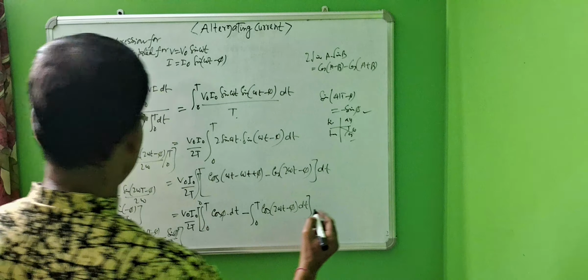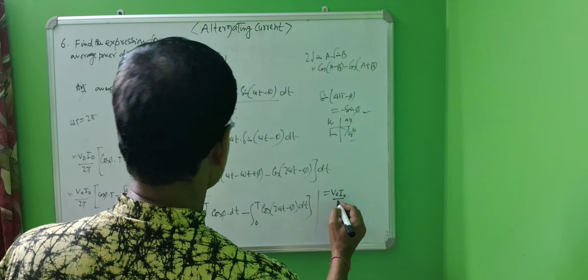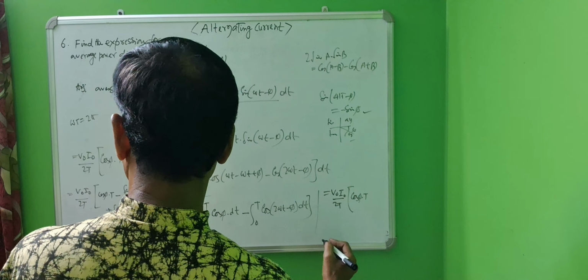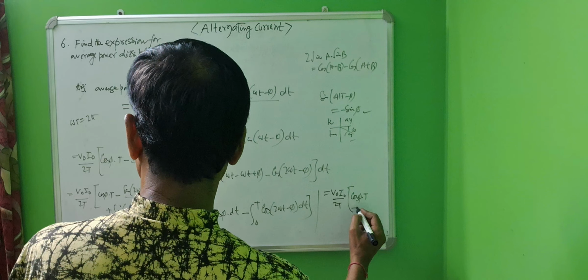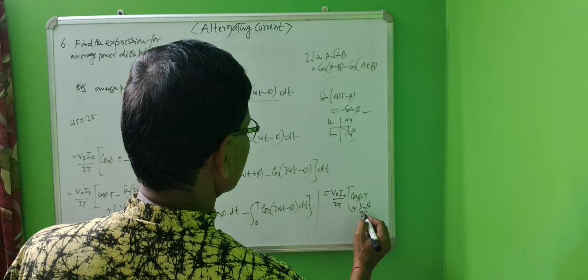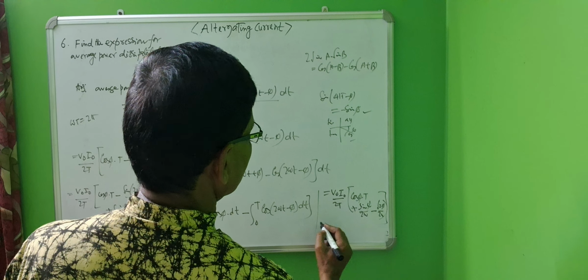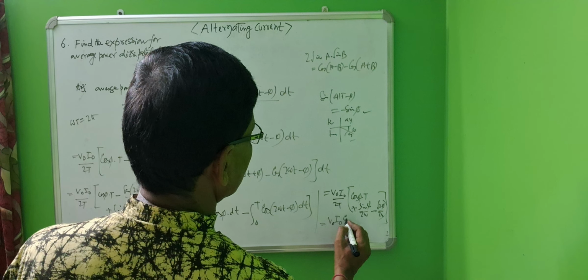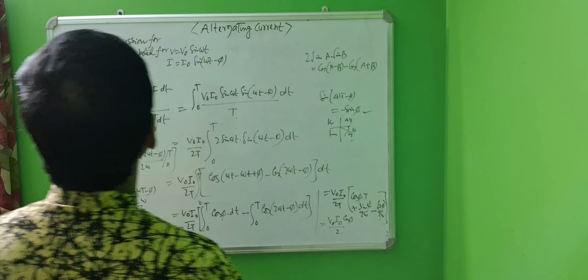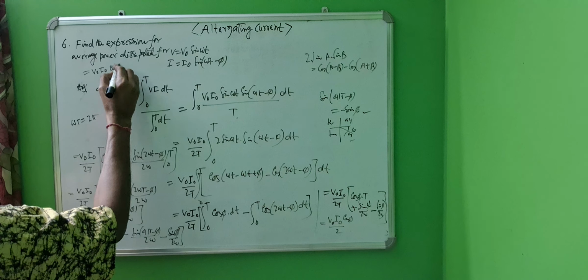So we get V0 I0 upon 2t times cos phi t minus sine of phi upon 2 omega minus sine of phi upon 2 omega, which equals V0 I0 cos phi upon 2. So the answer to the question is V0 I0 cos phi upon 2.